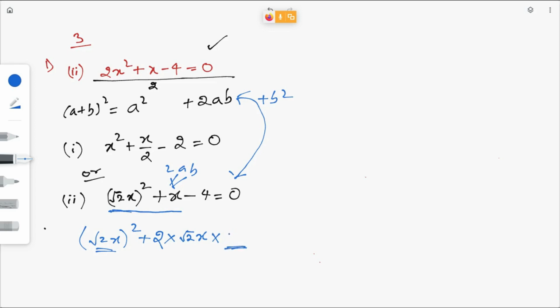Whatever value you put here, after substituting and simplifying, you should get x. I am splitting this x into 3 terms. First I took 2 and then root 2x, because that was my a. Now what will you take as b? What is your third term, so that you get this x here?